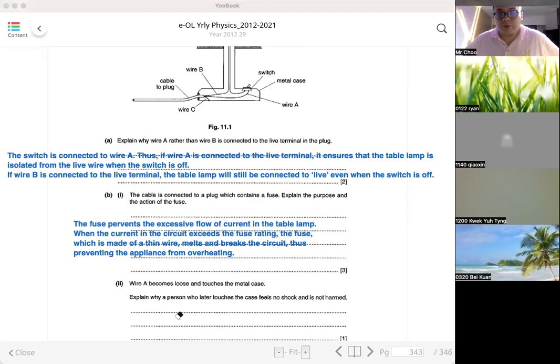Okay, Oscar, because it's a 1 mark question, I'll give you the 1 mark. Ryan, what are you talking about? The earth wire is connected to the earth wire.